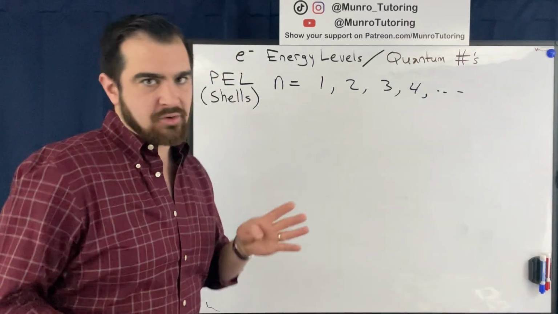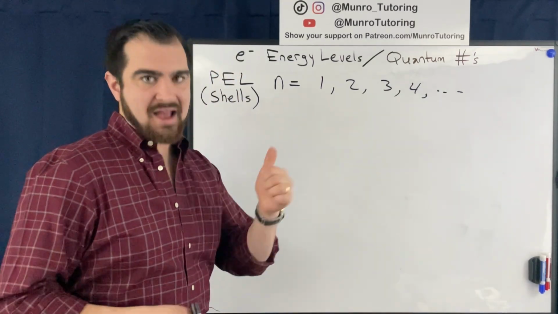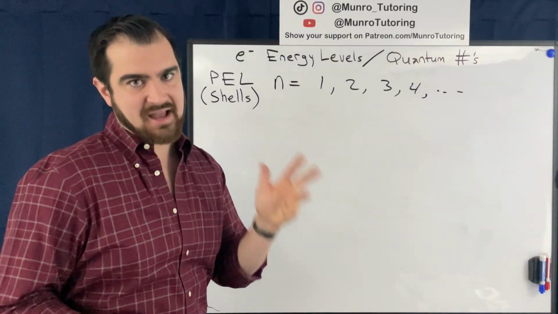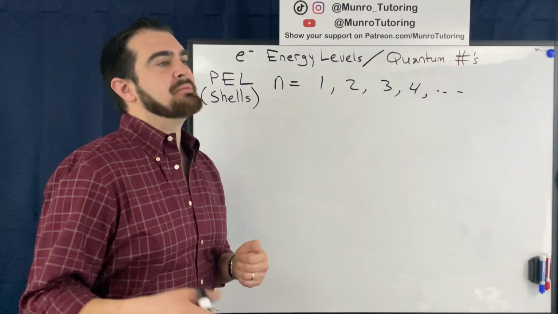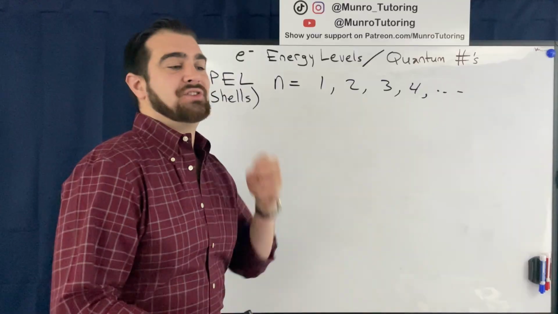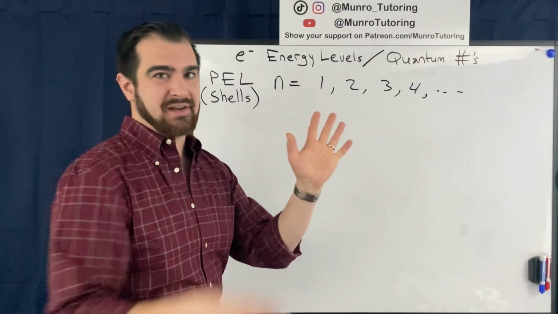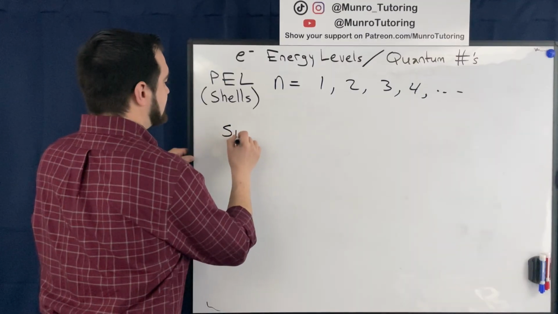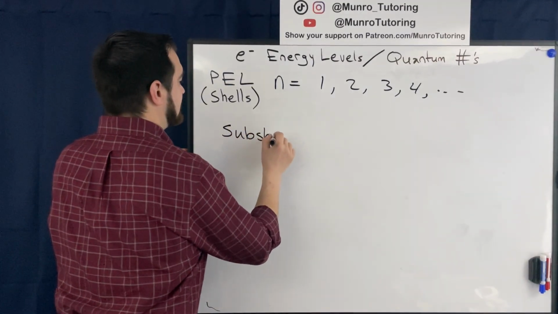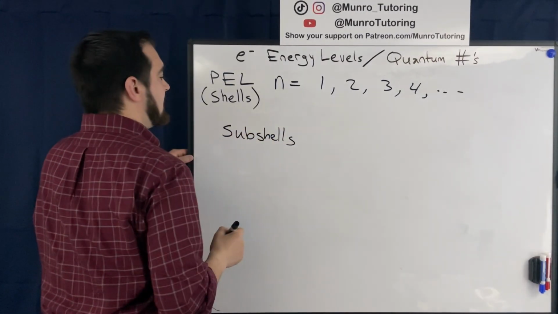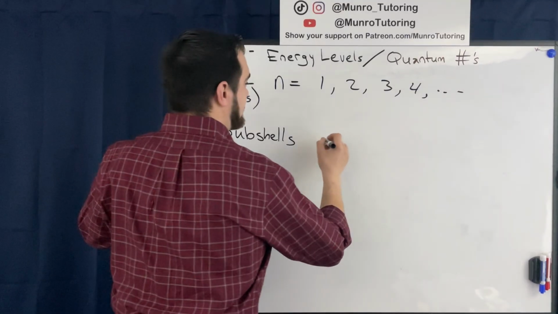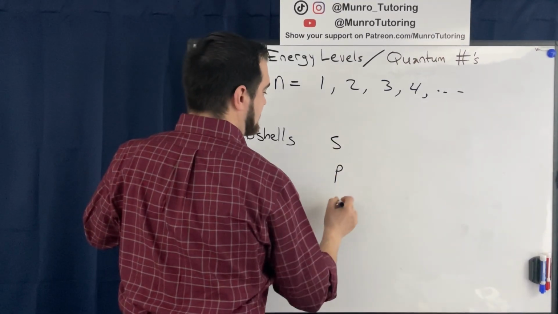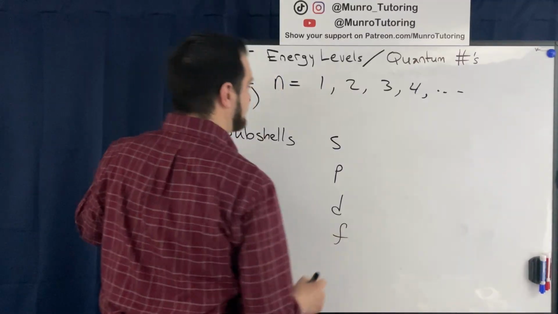The 4 subshells we're going to focus on are S, P, D, and F. If you can remember a PDF file, just with an S in front: S, PDF. So let's write over here, subshells, and here are the 4 we're going to talk about: the S, the P, the D, and the F.